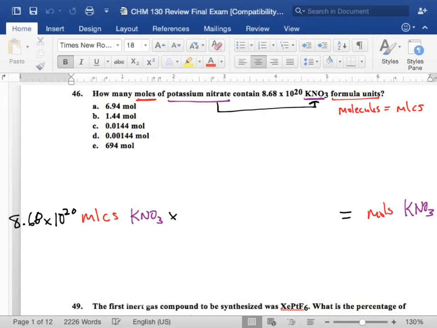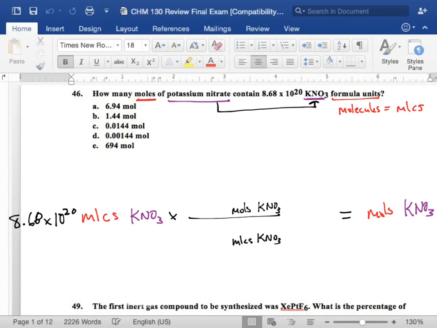Okay. Are MLCS the same thing as MOLS? No. Okay, so that means I have to do a conversion. In the ideal world, that conversion, MLCS would show up on the bottom. What would show up on the top? Moles of the potassium nitrate. Some of us are catching on being fully detailed within our units. Good.